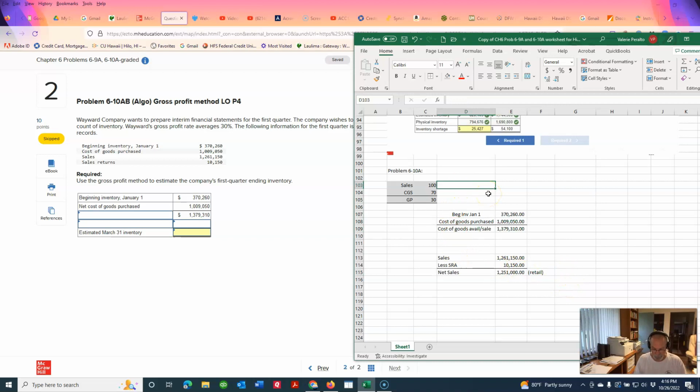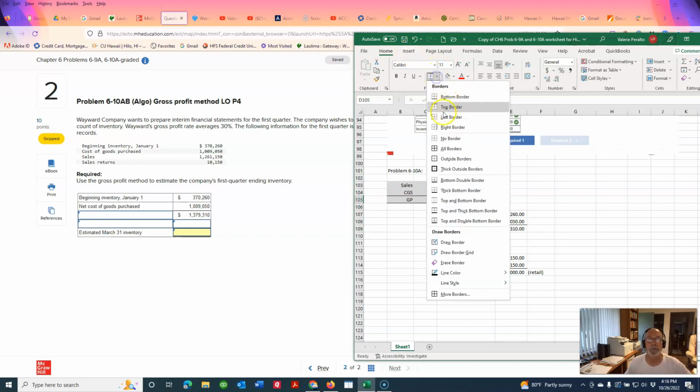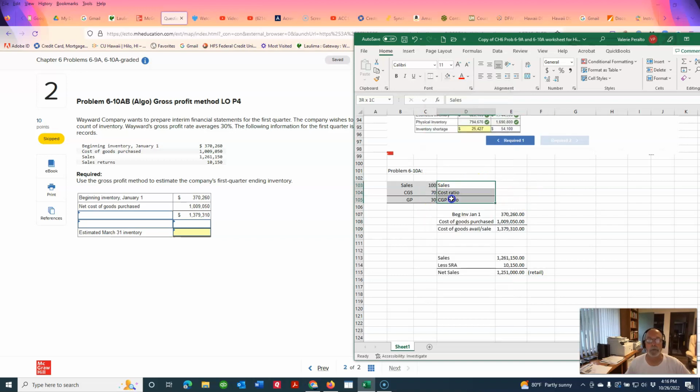And so our sales minus our cost ratio gives us our gross profit ratio. Okay, so let's add that to our basic equation up above. Put that also in shaded form.